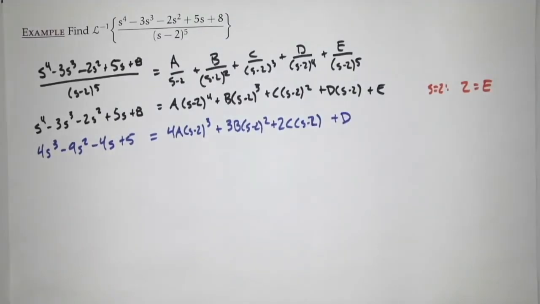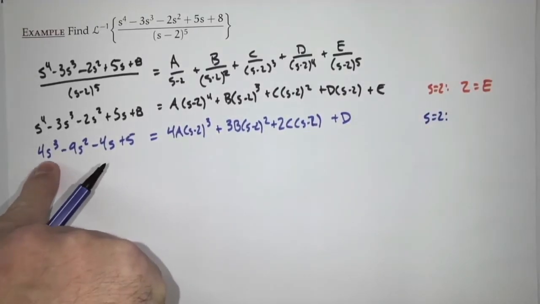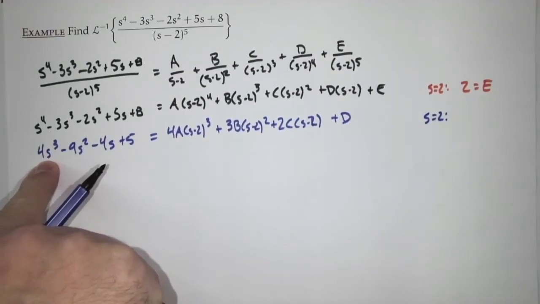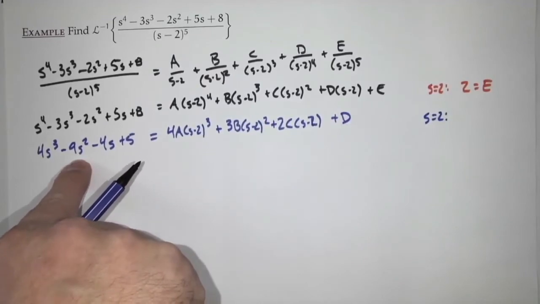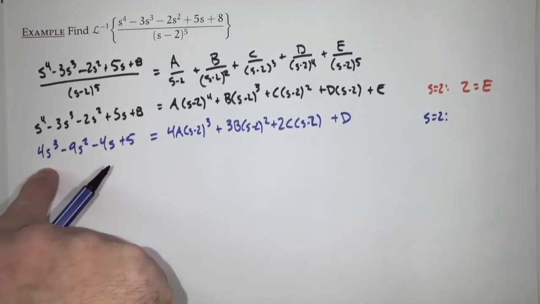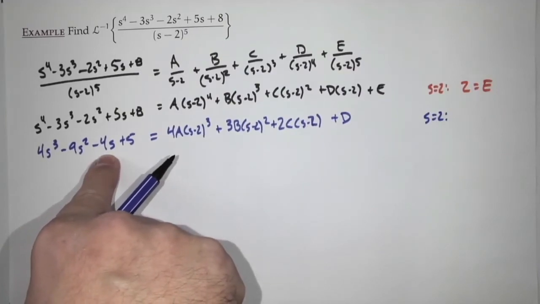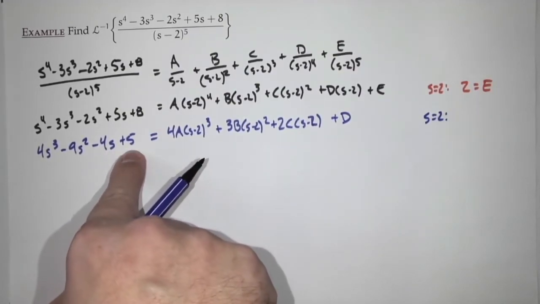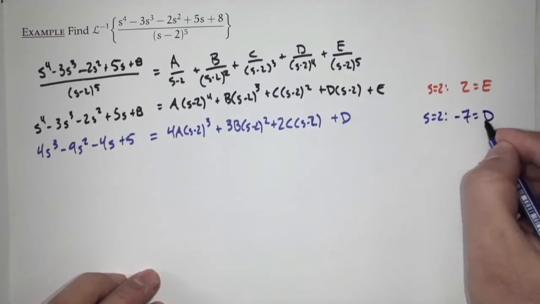Anybody have a good choice here? 2. Okay. Well, 4 times 8 is 32. 9 times 4 is 36. So 32 minus 36, we're up to minus 4, and minus 8, that's minus 12, plus 5, minus 7 equals d.